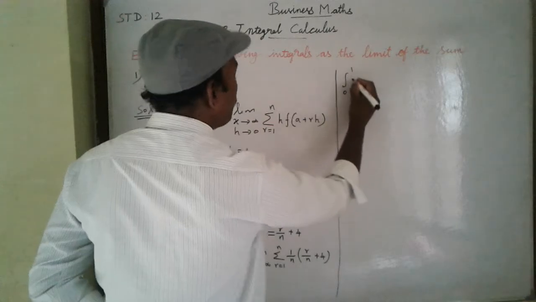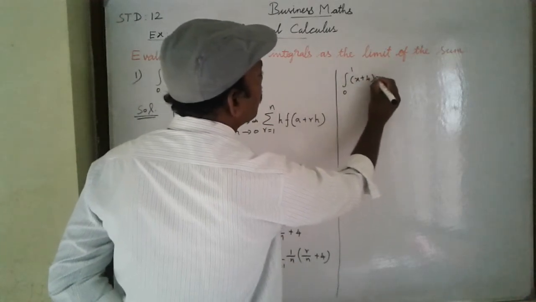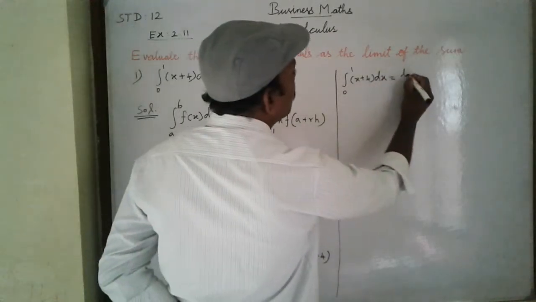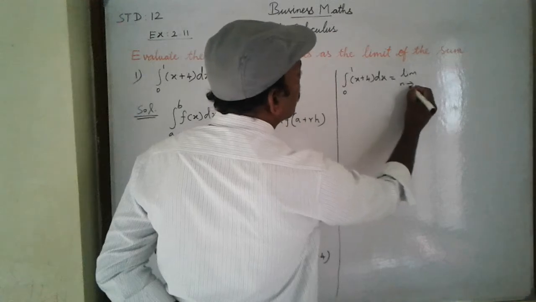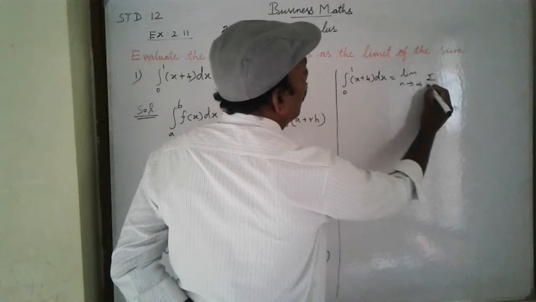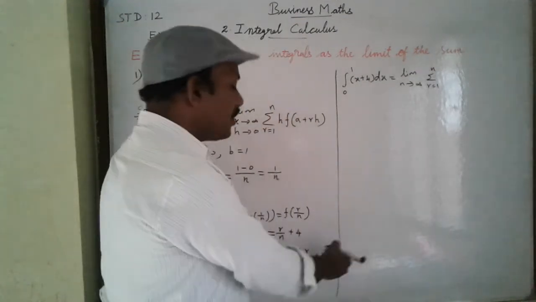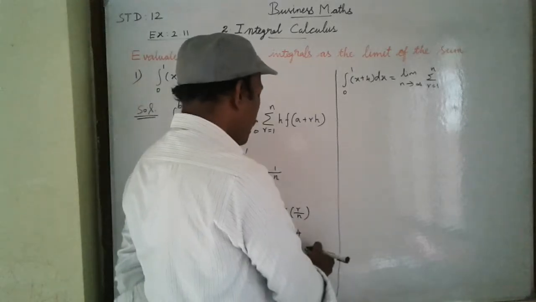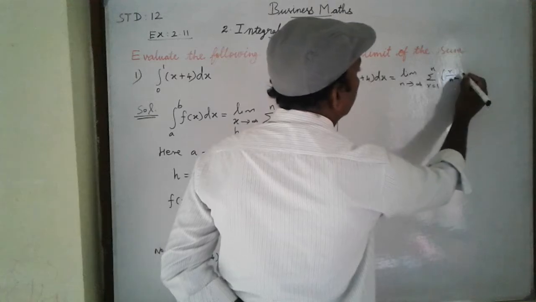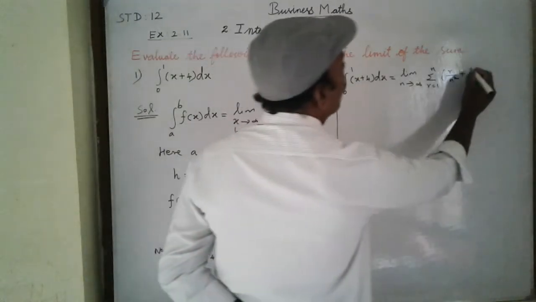Integral from 0 to 1 of (x plus 4) dx equals the limit as n tends to infinity of sigma r equal to 1 to n. We take 1 by n inside: 1 by n into r by n is r divided by n square, plus 4 into 1 by n is 4 divided by n.